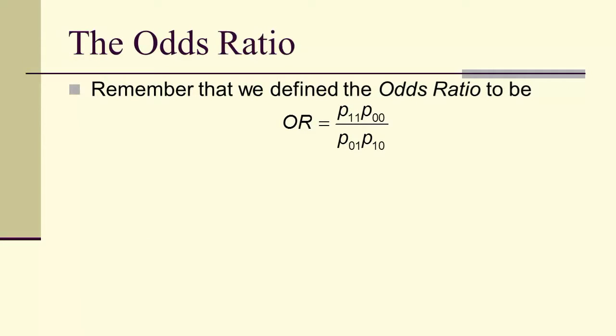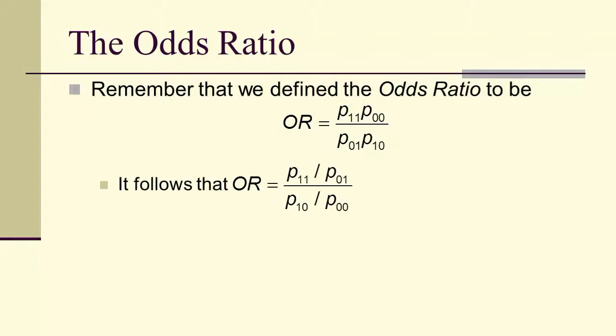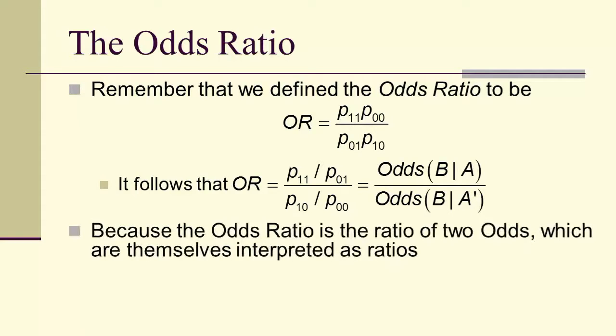And remember, we defined the odds ratio to be P11 P00 over the mixed P01 P10. It follows that we could rearrange so we have P11 over P01 and P10 over P00. And this would be the odds of B given A over the odds of B given A prime.